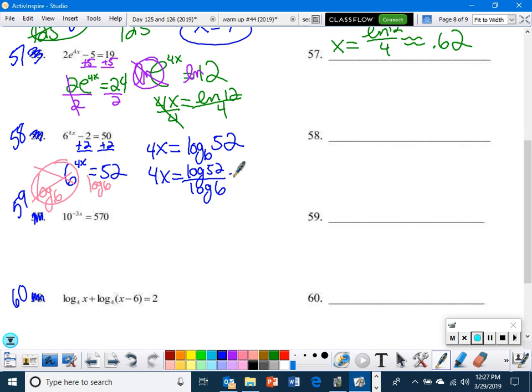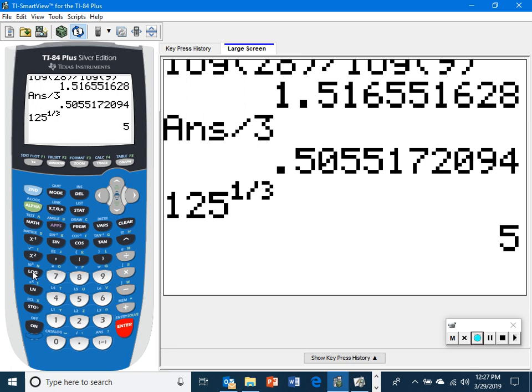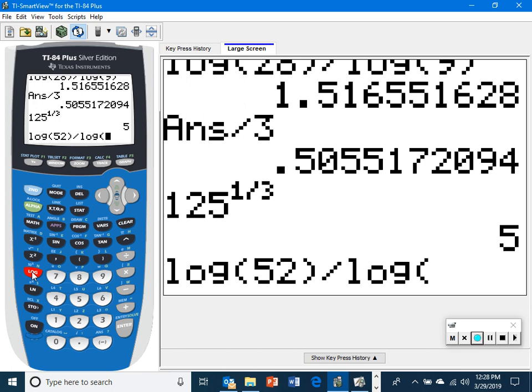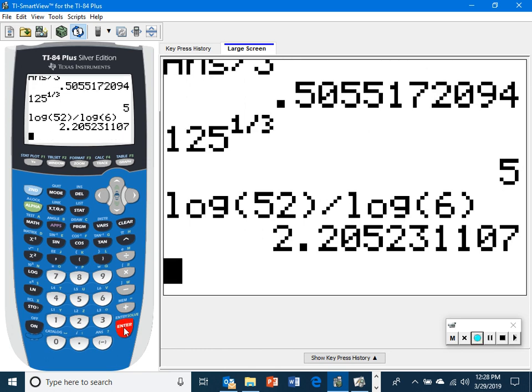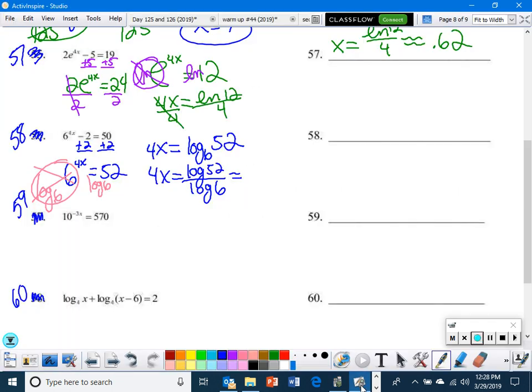Okay, so now I'm going to go ahead and approximate that. So I'm going to take log 52 divided by log of 6. So we get approximately 2.21.